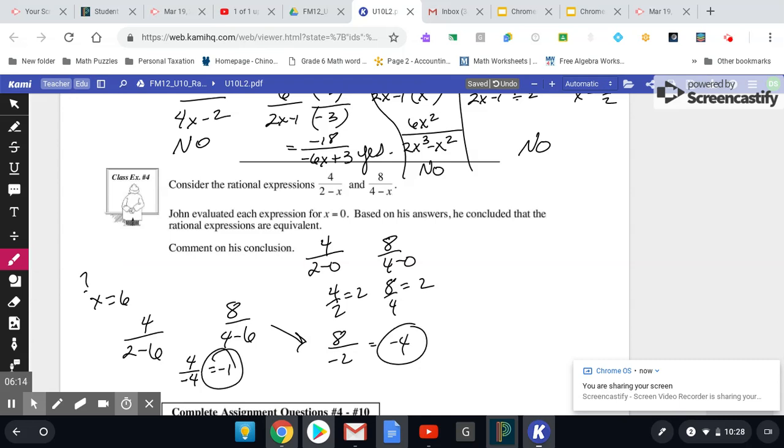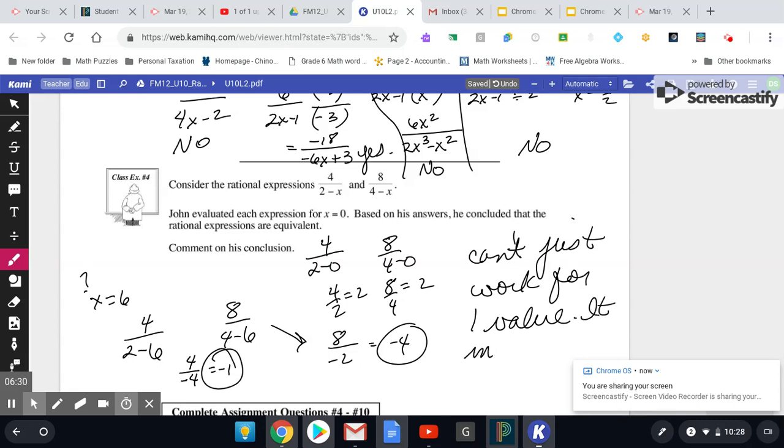So negative 1 and negative 4 don't work. So it can't just work for one value. It has to work for all. All right, and that is your homework.